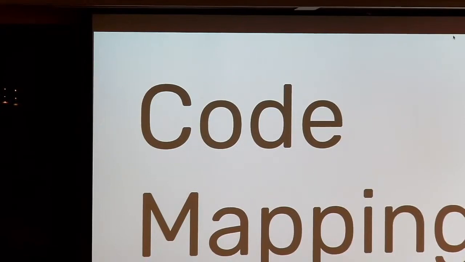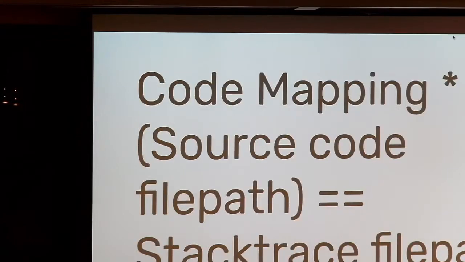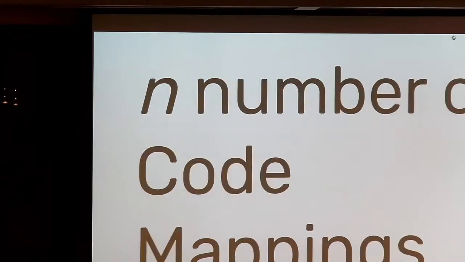We have an automatic process to derive these mappings, and that allows us to essentially get an equivalent stacktrace file path from your source code file paths. The problem is that there could be n number of code mappings. For example, if you have a microservice architecture in a monorepo, you'll have an explosion of these mappings.